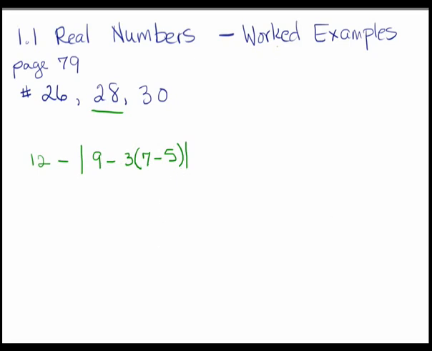Another way to think of this is that there's a small problem inside a larger problem. We're going to work on this piece first, the piece inside the absolute value bars.